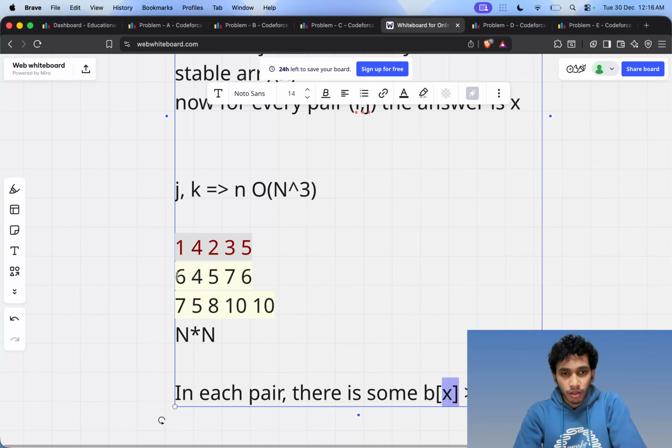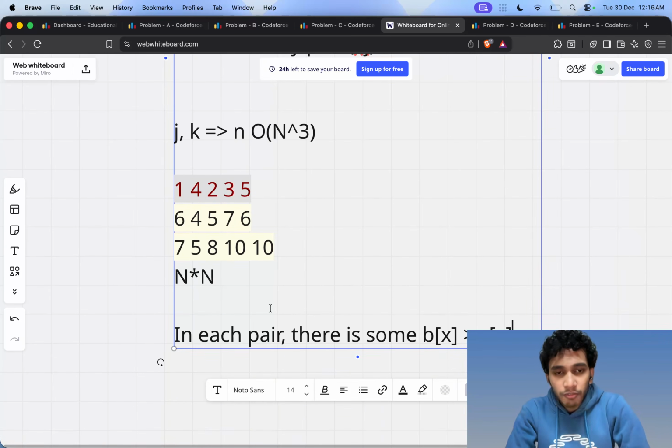And what remains constant if we have chosen this as our j and this as our k is that for all the upcoming choices of pairs, the difference between j and k will remain constant. Here, the difference between j and k was 2. So for the next pair formed, the difference will be 2. Its index is 2 and its index is 4. So 4 minus 2 is 2. This will remain constant.